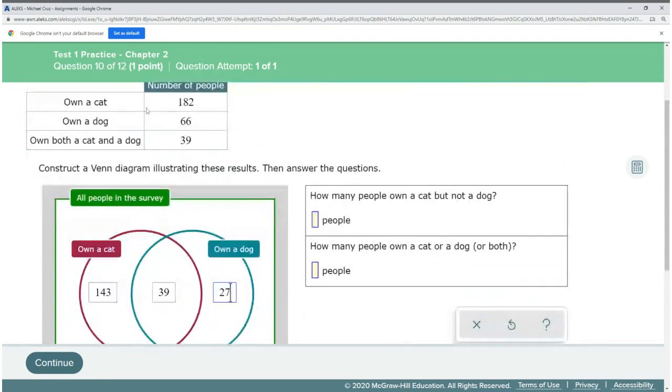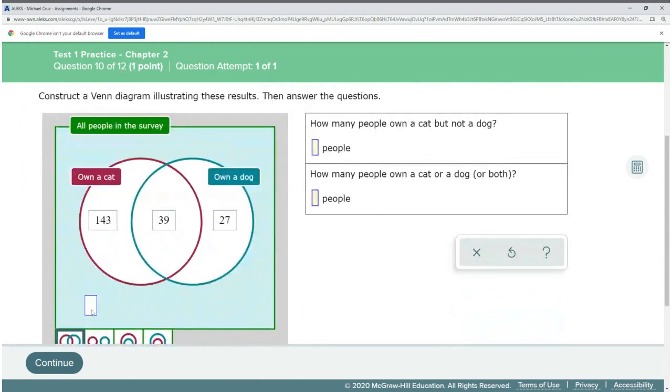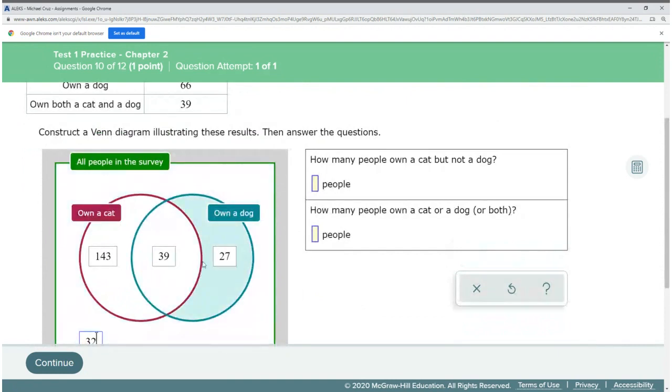And then answer the questions. How many people own a cat but not a dog? Well, there's 143. That's the same thing as saying they own only a cat. How many own a cat or a dog or both? It's all three. So again, that's the union. That's the one that messed up over there.